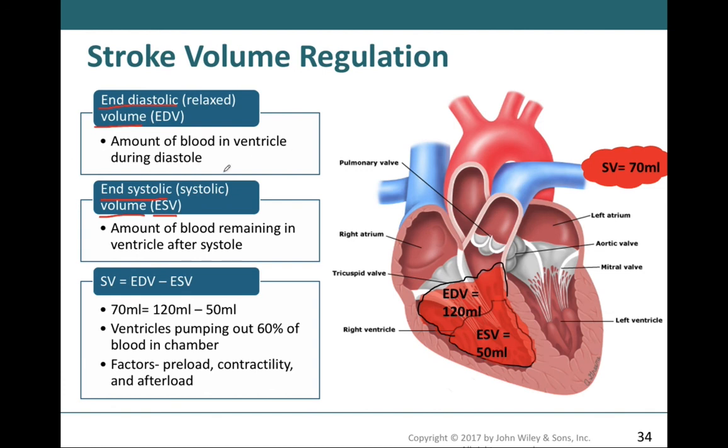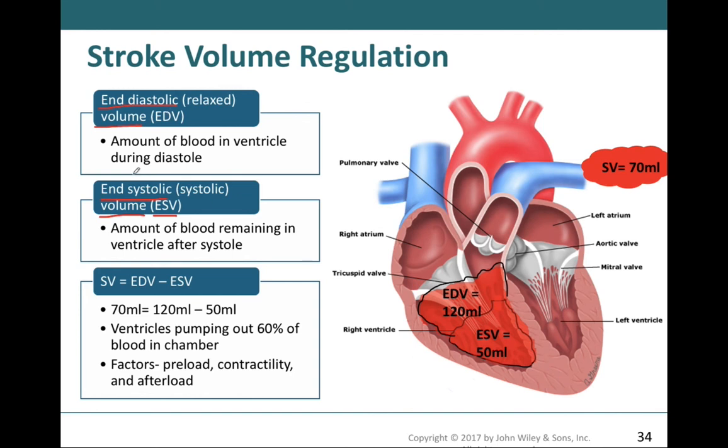So ventricular diastole is the relaxation of the ventricular walls. As the ventricular walls are relaxing, they're going to open up and stretch as blood is getting pumped into the ventricles. At the point where the ventricles are relaxed enough to where we get the maximum amount of blood in the ventricles, that volume is the end diastolic volume.